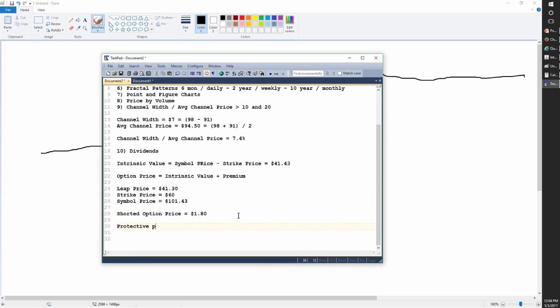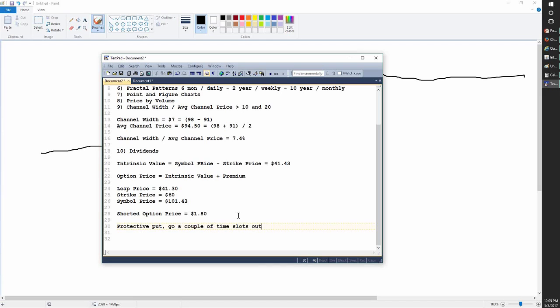Protective put, go a couple of time slots out. In other words, if we're selling the May call option for premium, let's use the put that's out in June, July, maybe even August. The reason is because you will be finding times where you might want to have the protective put more than others.